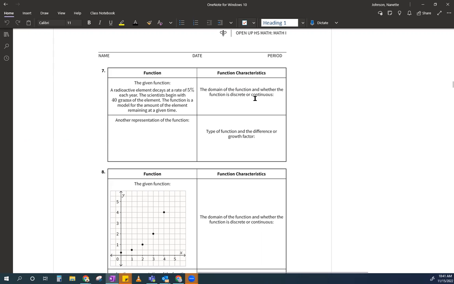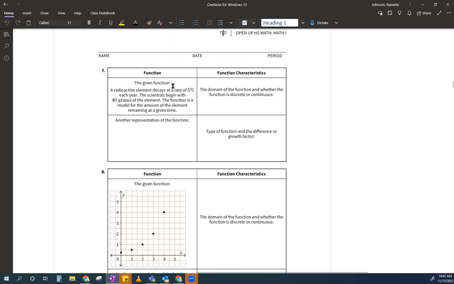So the domain of the function and whether the function is discrete or continuous. Remember that continuous means that the points are connected. Discrete means the points are disconnected. Discrete contexts were like people, or I think we did smiles one time, or you can think about bikes. You can have a whole bike, you can have parts of bikes, but you wouldn't call that 2.2 bikes, right?